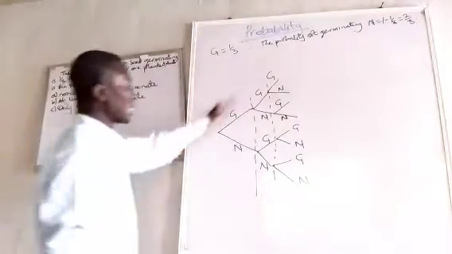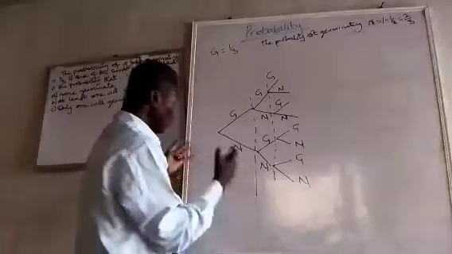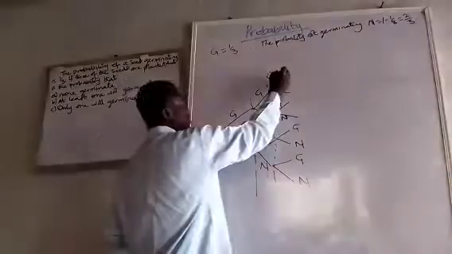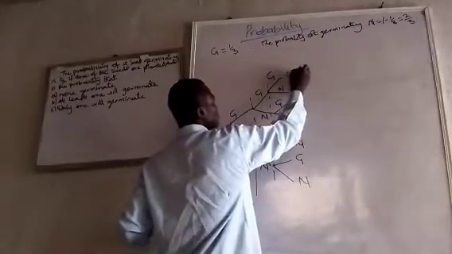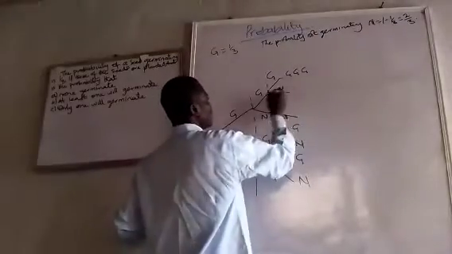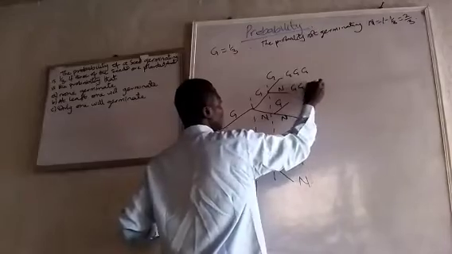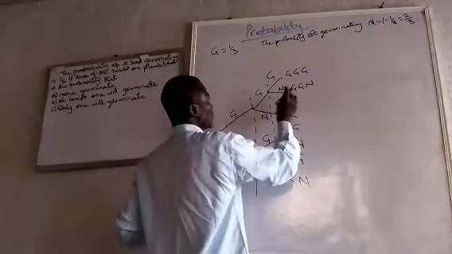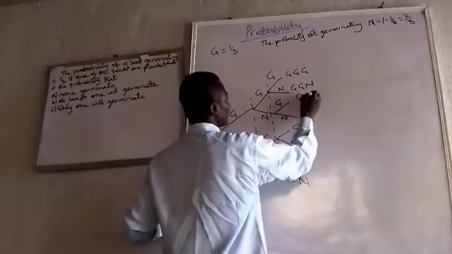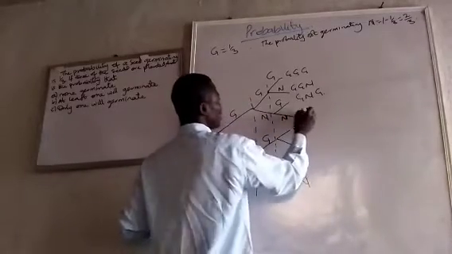Now let's look at how it will be for the probabilities. Here we have GGG, that is all germinate. Here we have GGN, 2 germinate. Here, GNG, 2 germinates.